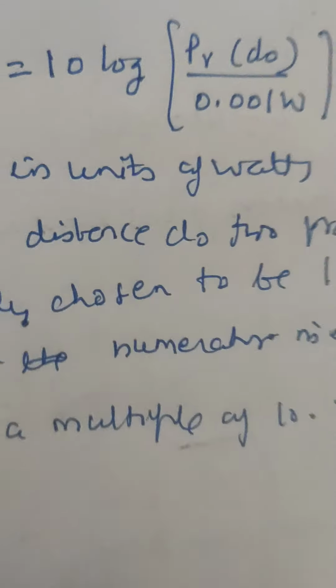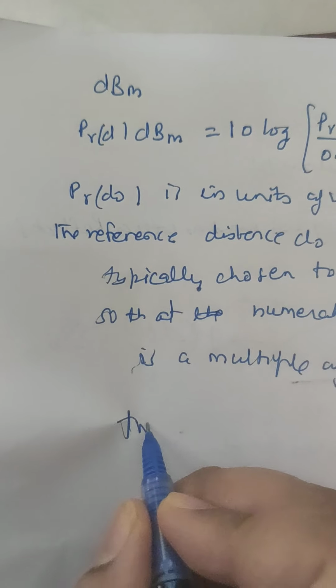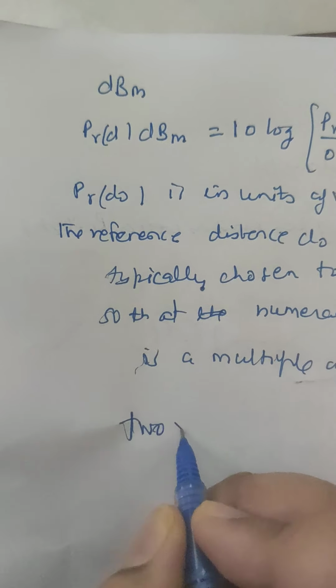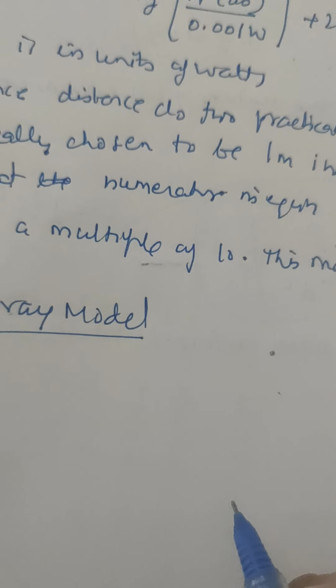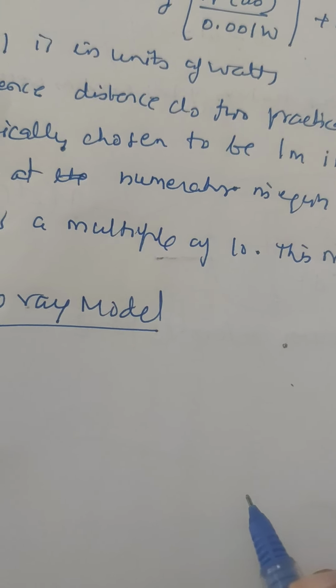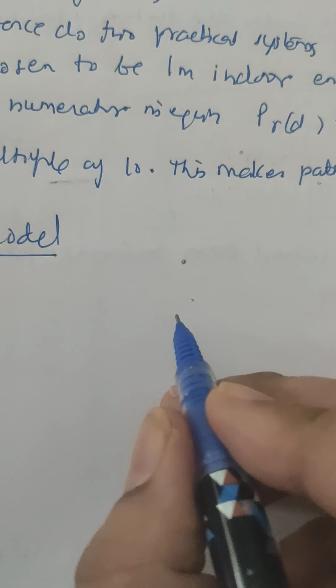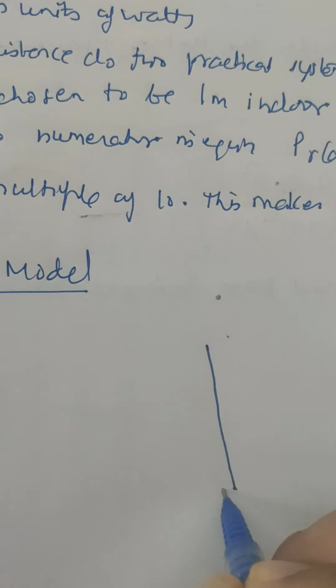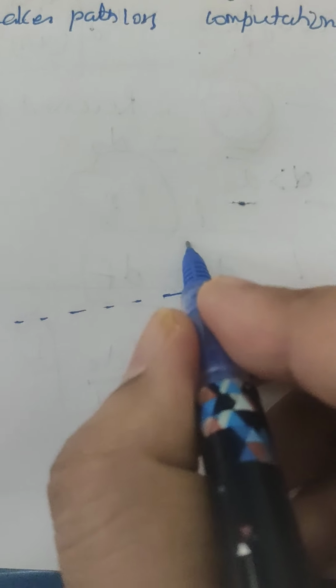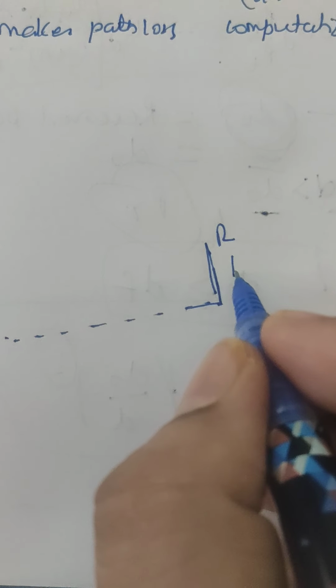we have chosen the two-ray model. First we look at the figure. This one is the height of the transmitter and the distance where we kept our receiver, and the height of this receiver.